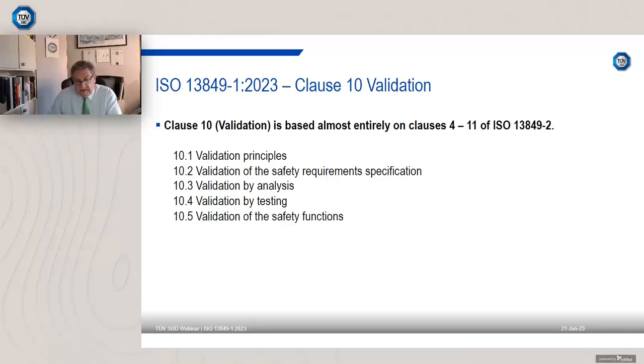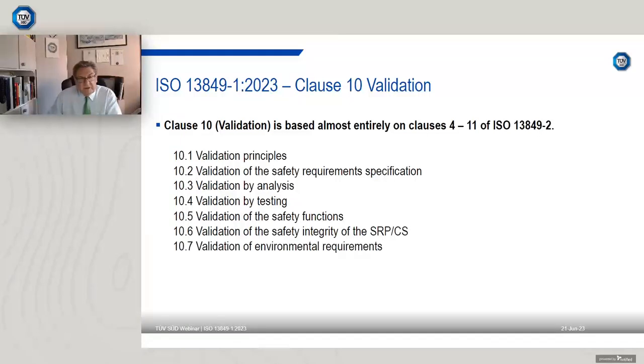10.5, validating that we've actually achieved the basic characteristics of the safety function. So have we done the correct thing? 10.6, have we got the integrity that we required? Have we achieved the right performance level?